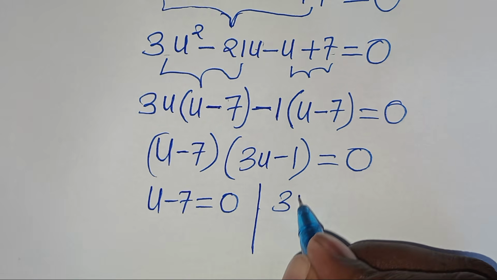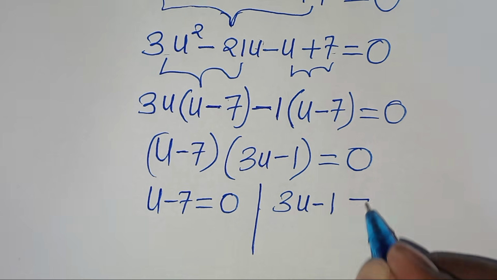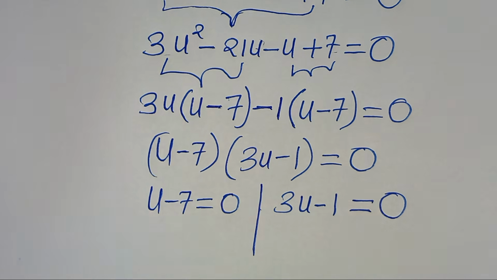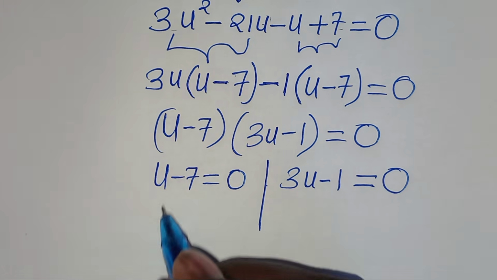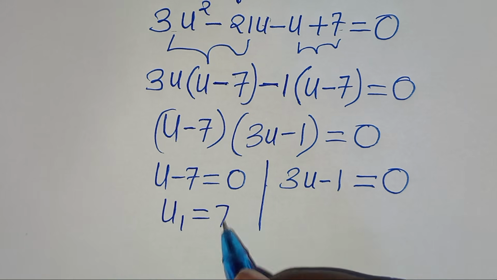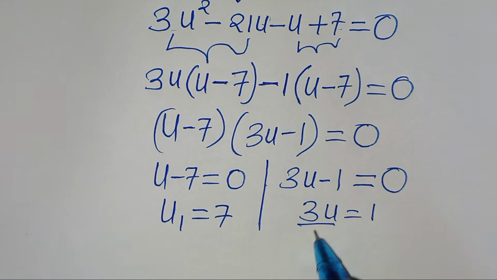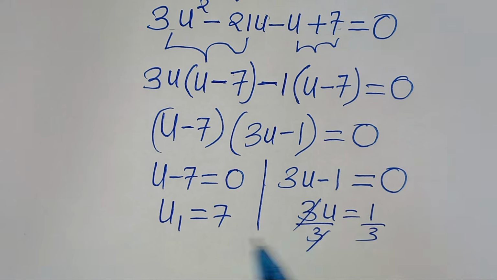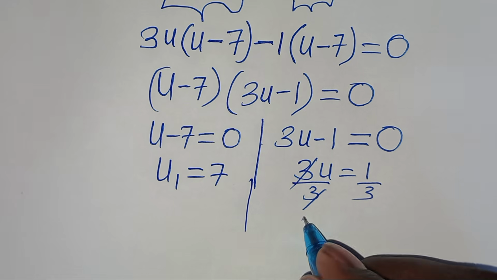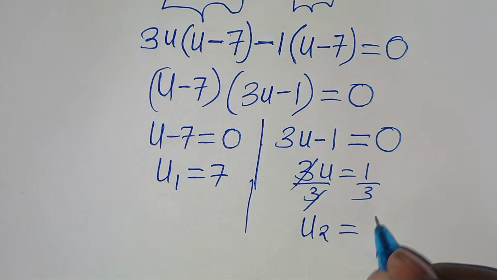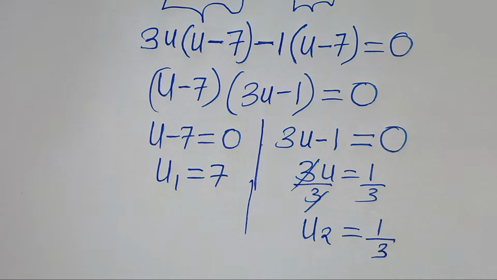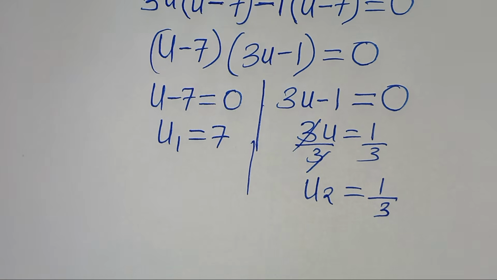Then we have 3u subtract 1 equal to 0. So this means that u1 is equal to 7. And here we have 3u is equal to 1. So this means that we have u2 equal to 1 over 3.